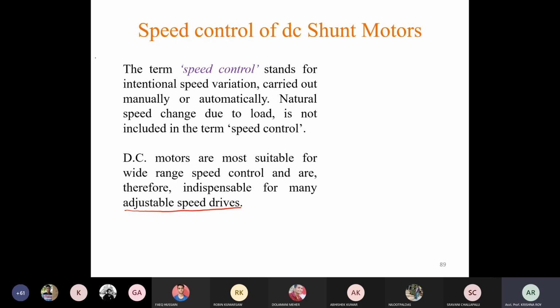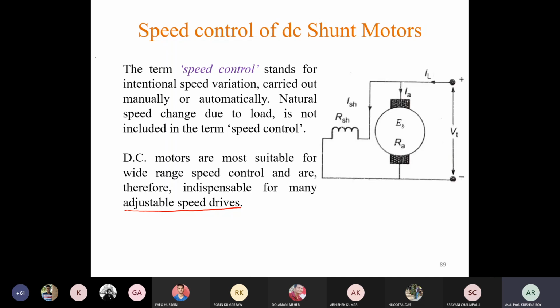The speed of the blower can change depending on the amount of load it has to blow. Okay, so these types of applications are called adjustable speed drives. As per our requirement, we can change the speed of the motor. So DC motors can be used for those kinds of applications.